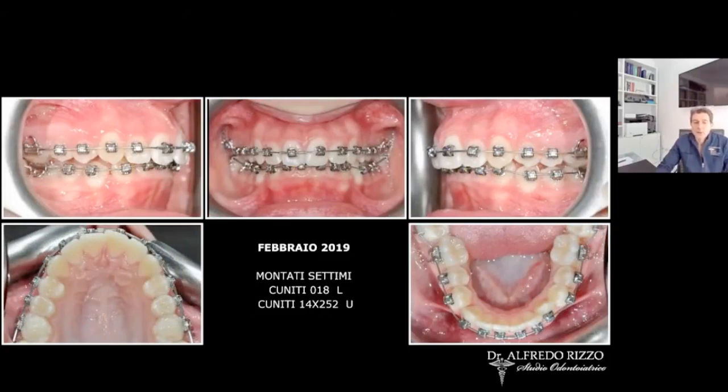This is February 2019, 3 months later. We have put the Copernicti 0.18 wire in the lower and 14/25 Copernicti wire in the upper.